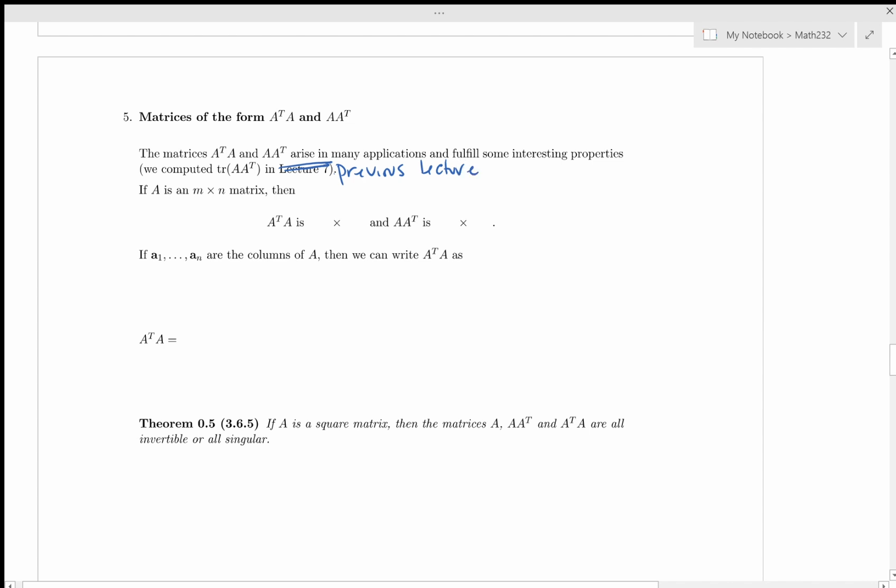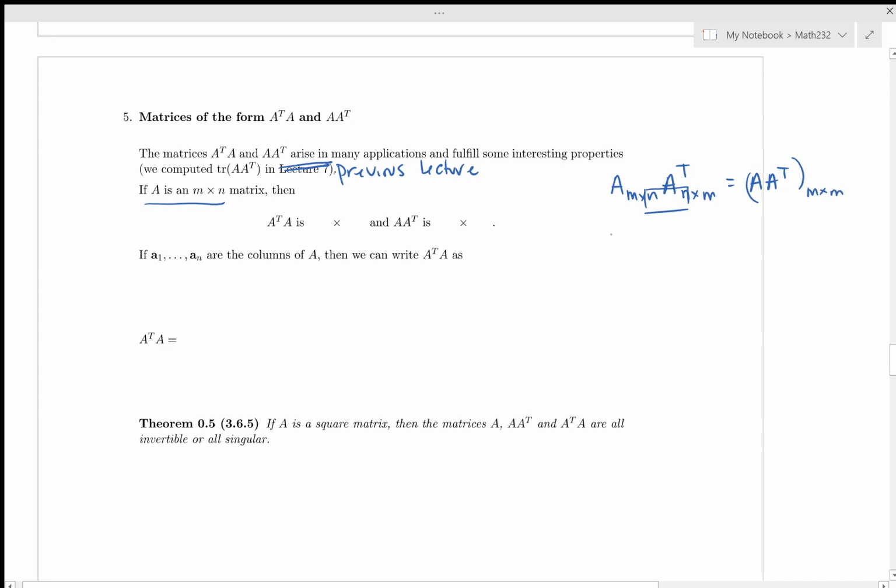Let us take A to be m by n. Then if I take A, m by n, and multiply by A transpose, which will be n by m, that is going to leave me with a product of size m by m.